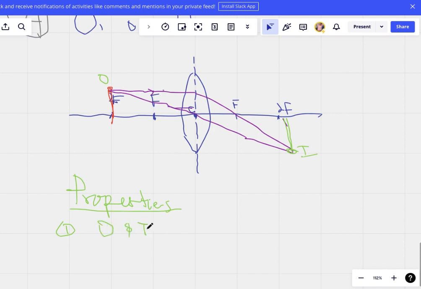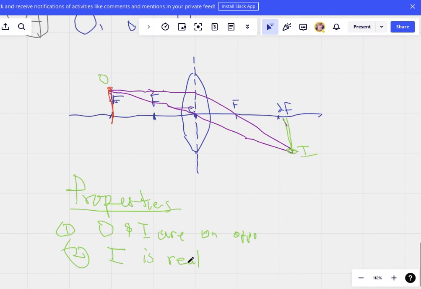O and I are on opposite sides. Number 2, we say the image is real. I is a real image.